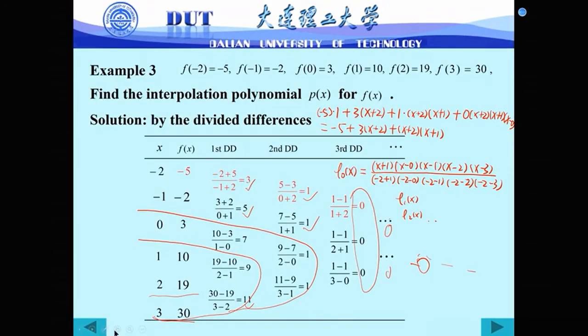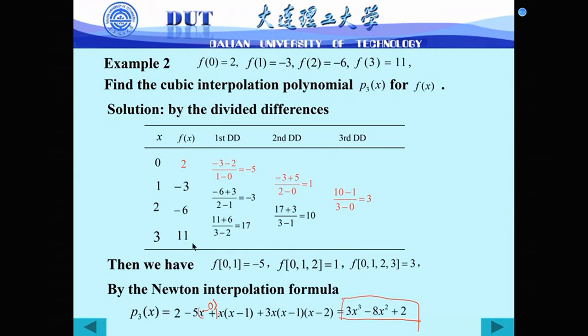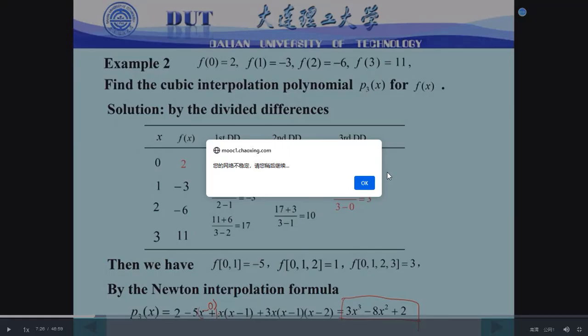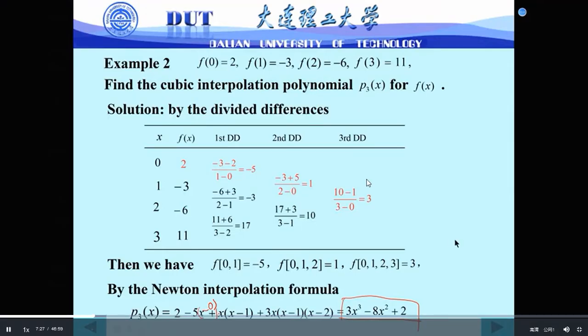Okay, like this. We are given 4 data points, so we need to find a cubic polynomial P3, right? And then we use the table, and we obtain 4 coefficients.